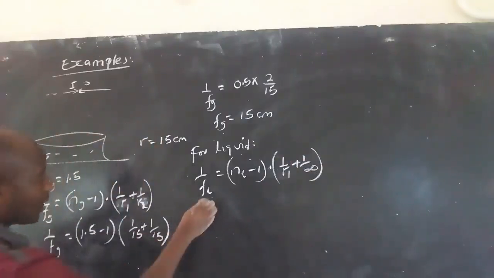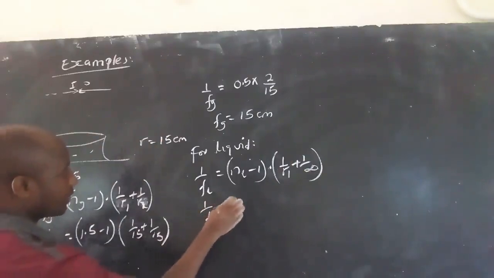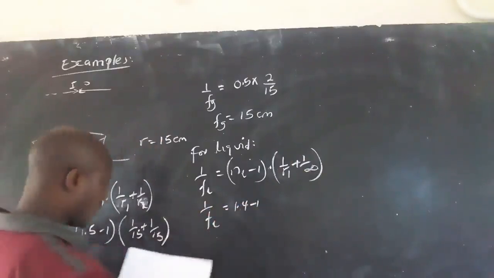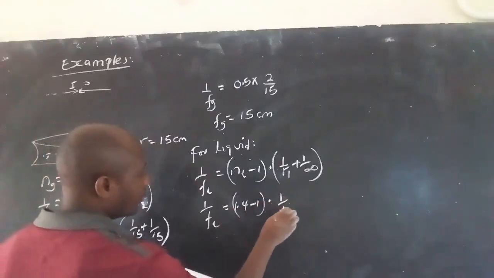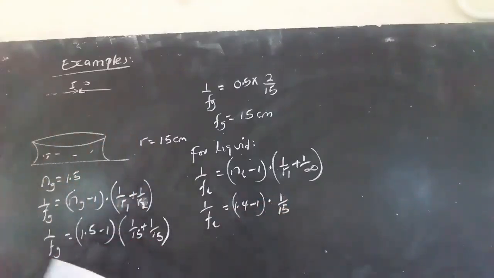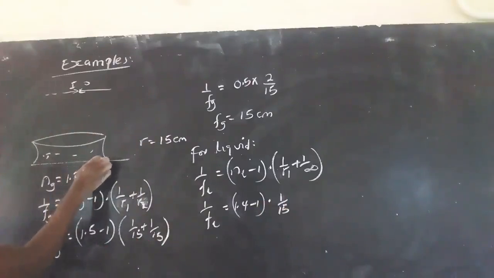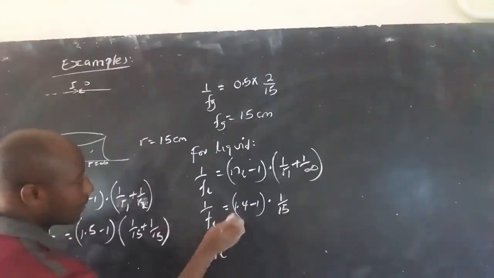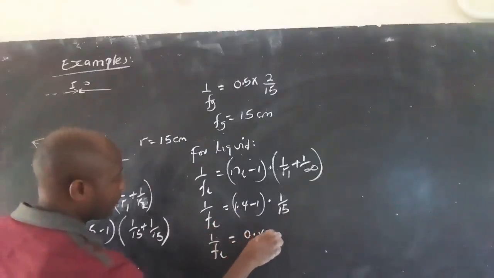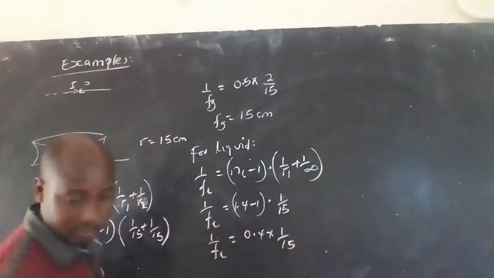So here we shall have 1 over F of the liquid giving us (1.4 minus 1) times 1 over 15, because the second surface here, R2, is infinity. So 1 over F will now become 0.4 times 1 over 15. So what do you get?